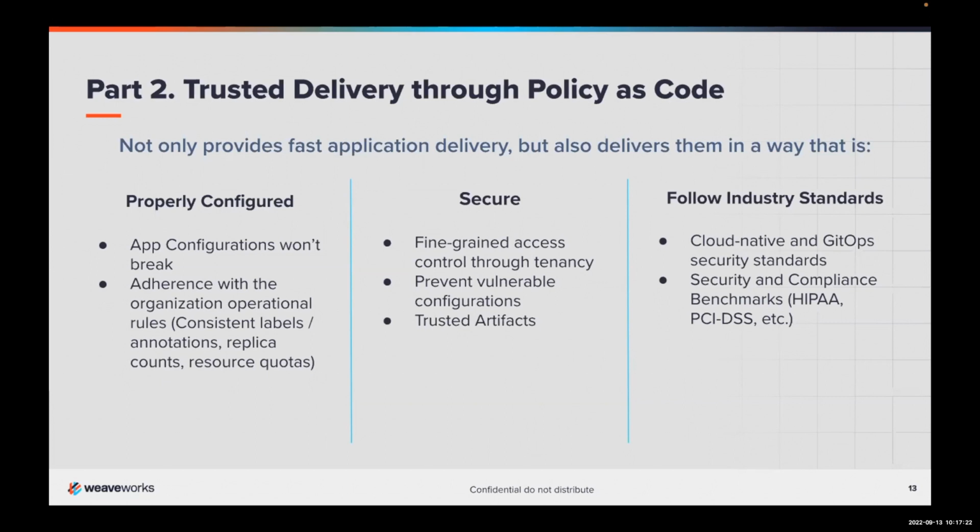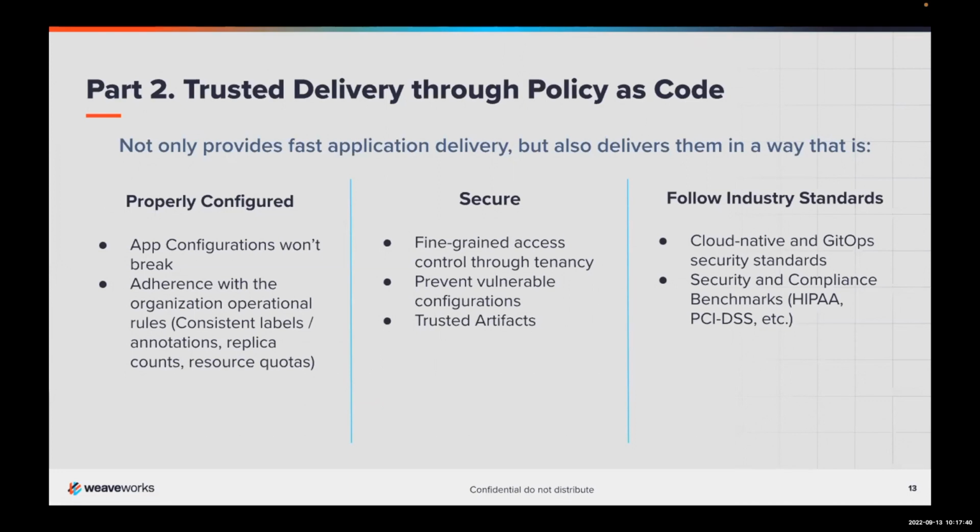Then we've got the security angle. We want to make sure that we're maybe only using images from a trusted image repository and not just randomly pulling stuff off Docker Hub or from wherever else.